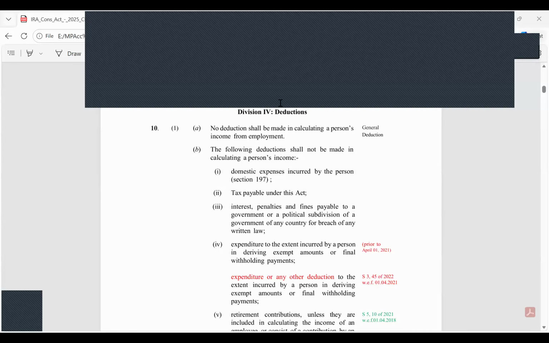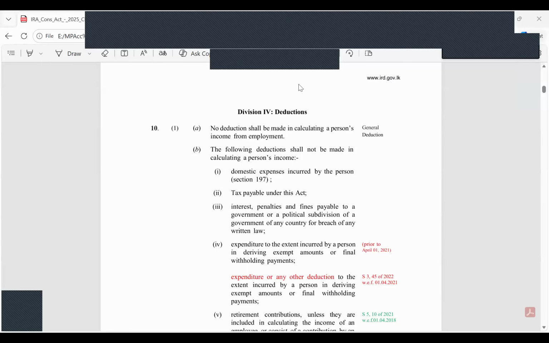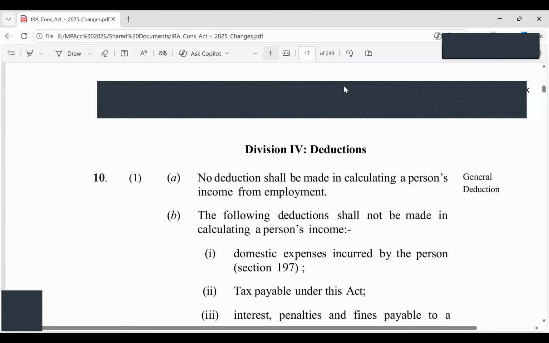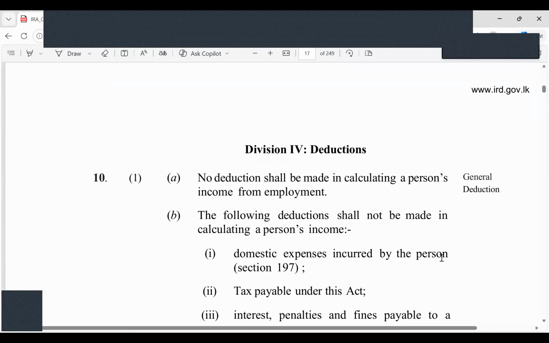Yes, now we are in the Consolidated Act.